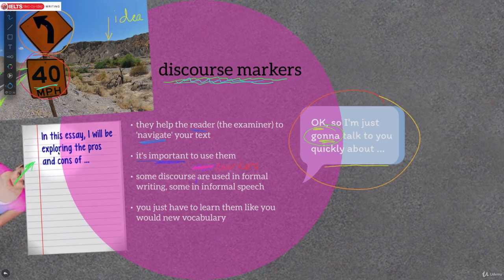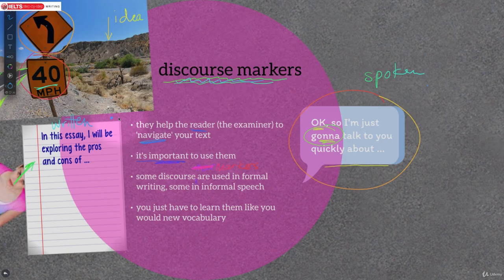In this essay, I will be exploring the pros and cons of. Both of them do the same thing, basically. Obviously, this one is in spoken English, and this one in written. And can you work out what they do? Essentially, what they're doing is they're saying to the listener, in this case, or the reader, in this case, be prepared to hear the general overview of what I'm going to write about, or what I'm going to talk about.